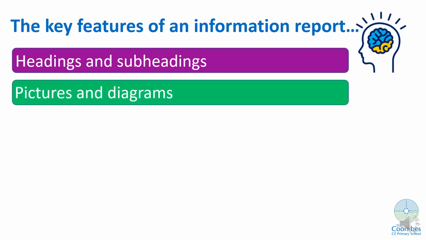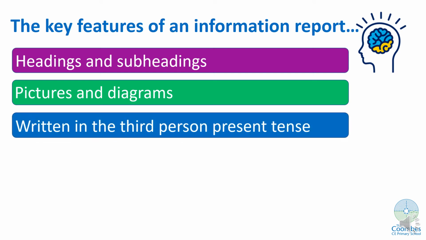They will include pictures and diagrams. Often the pictures will be photographs, and there may be graphs and maps included too. Information reports are written in the third person and in the present tense, which is a really key difference to last week.